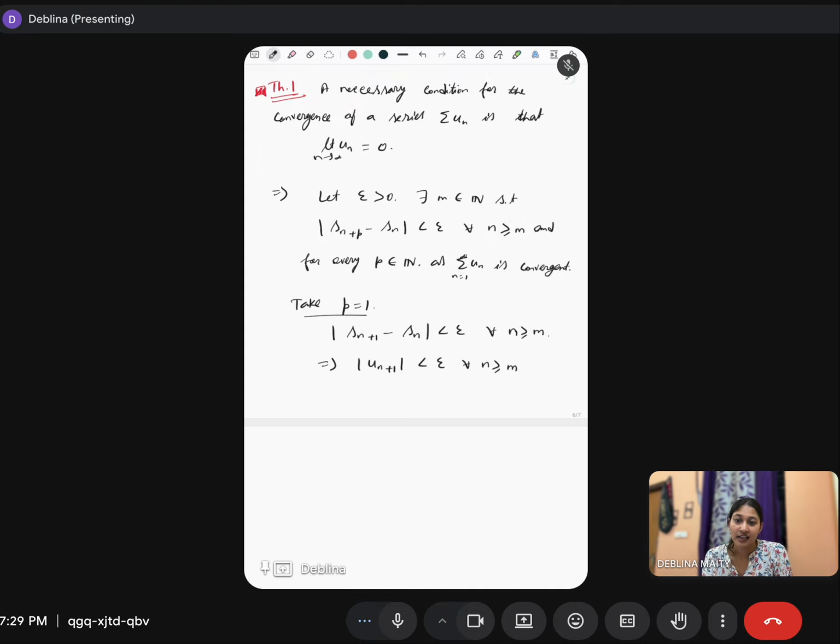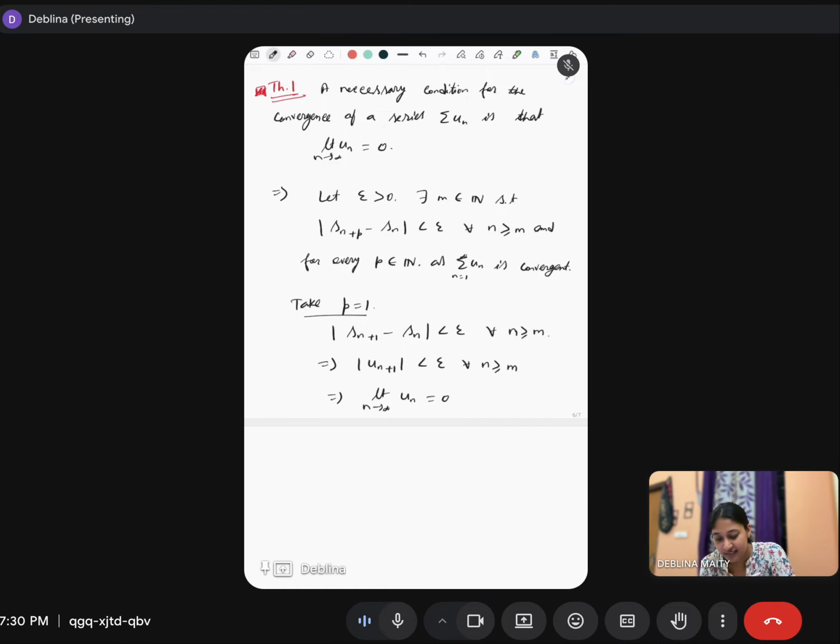And from the epsilon definition of limit, we can say that limit n tends to infinity un equals 0. Right? Because limit un is 0 means given a positive epsilon, there exists a natural number m for which mod of un minus 0, that is mod un, is less than epsilon for all n greater than or equal to m.